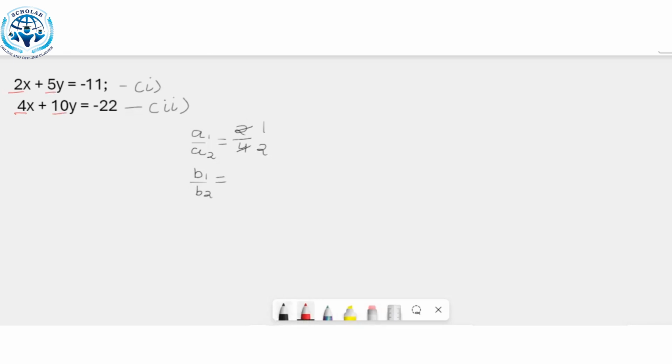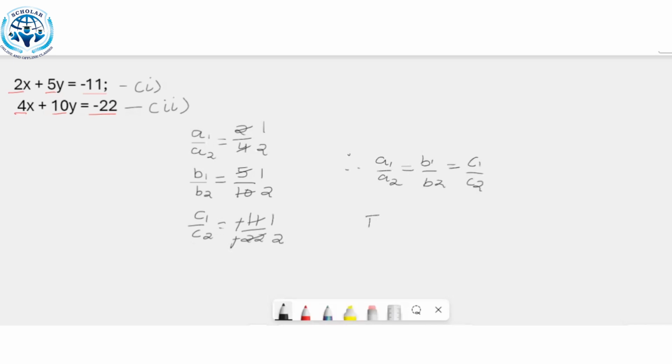The value of b1 upon b2 is 5 upon 10, and we will reduce the fraction and get 1 upon 2. c1 upon c2 is minus 11 upon minus 22. Minus will be cancelled and we will get 1 by 2. So you can see that a1 upon a2, b1 upon b2 and c1 upon c2 all are equal to 1 upon 2. That means they are equal.